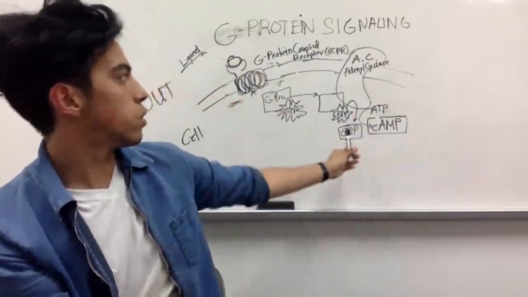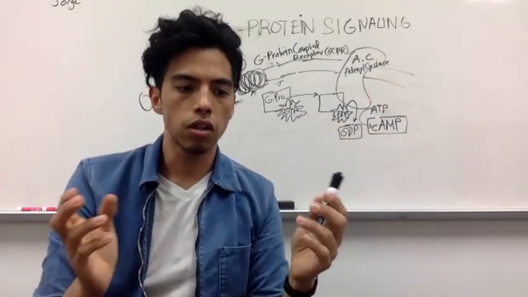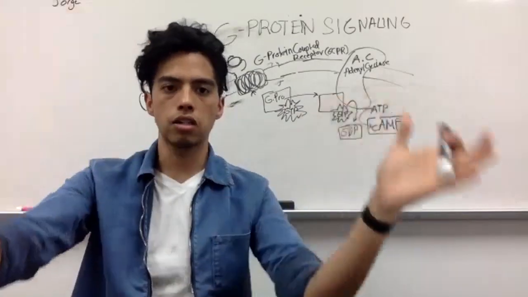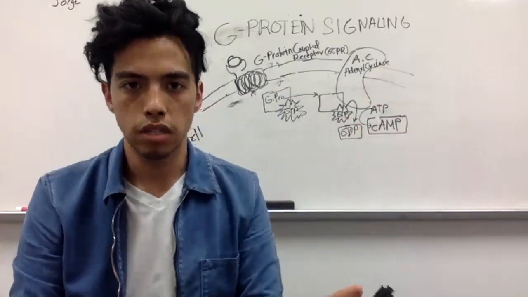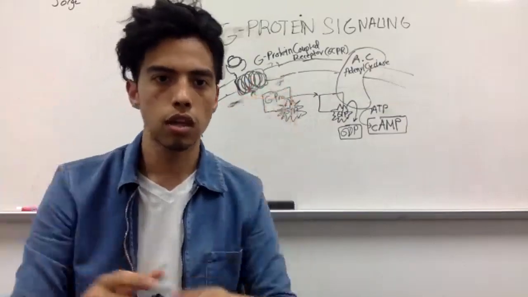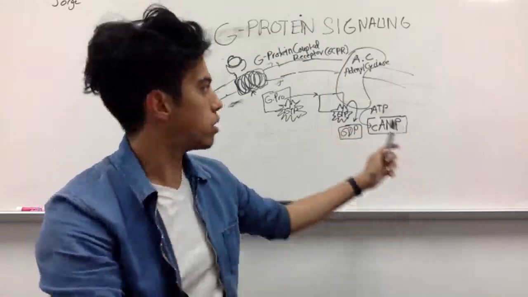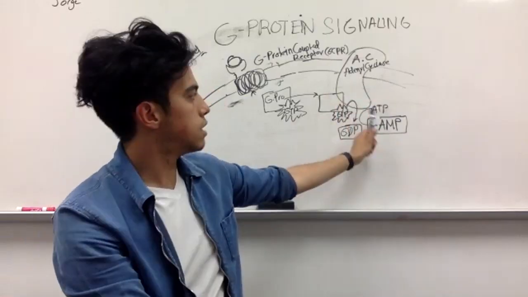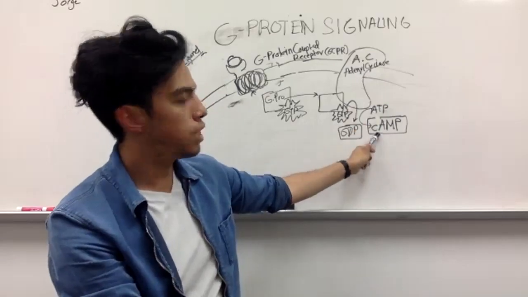When you do that, you release energy, and you can use that energy for different types of reactions. That's why GTP and ATP are used as the energy currency of the cell. So what the adenyl cyclase does is take that released energy and convert ATP to cAMP.